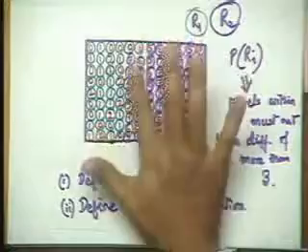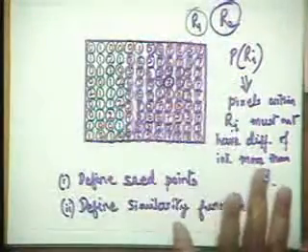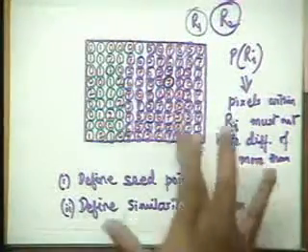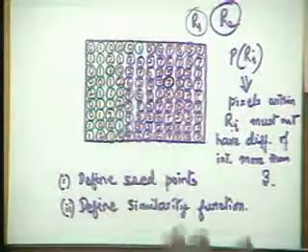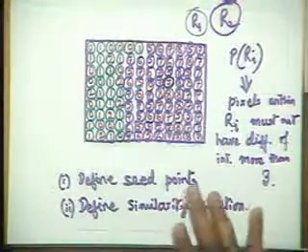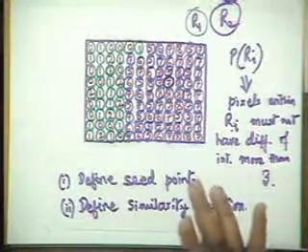But if you have this at the boundary, then there is a problem. It may fall under R2, or it may fall under R1. In the boundary region, such ambiguities are indeed there.